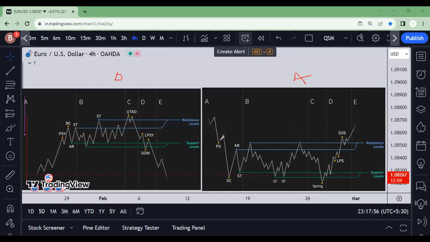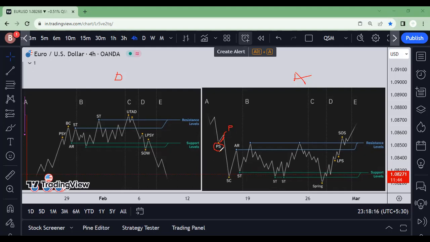Okay, so what I've done is taken two images, one of distribution and the second of accumulation. Like here, actually I prefer to call it preliminary buying, but people refer to it differently. This is my take based on my experience.